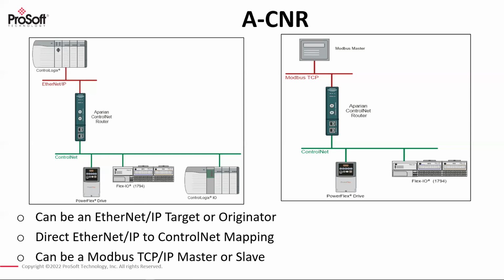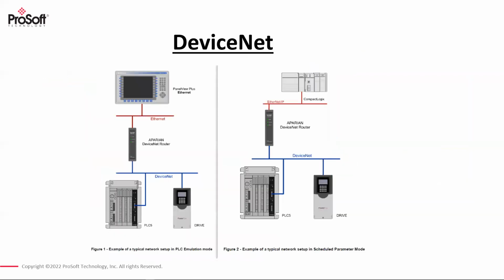And then if you'll go to the next slide for me. So our DeviceNet module, this is something where we're seeing customers trying to get from DeviceNet to Ethernet/IP. If you've got older drives, or anything from an older PanelView standpoint, this is a module that you can configure to route that DeviceNet network.